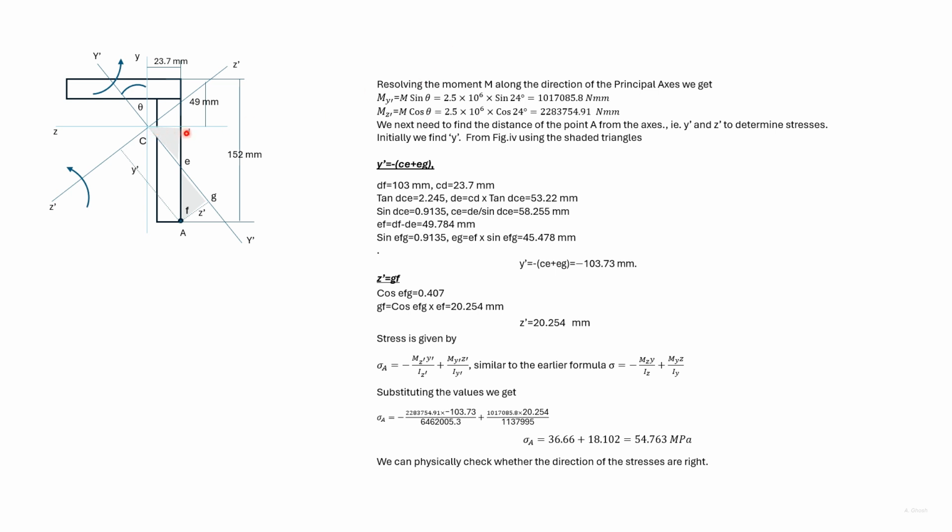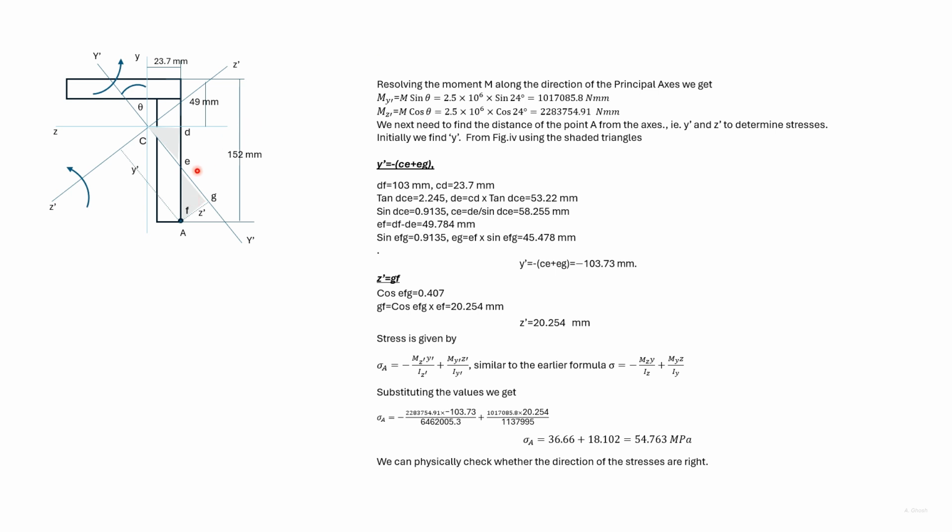Knowing CD and knowing this angle, we can find DE. So here we have given DF, CD, and DE. Knowing CD and using the sine of this angle, we can find CE. And knowing DF and DE, we can find EF. So CE and EF are given here.